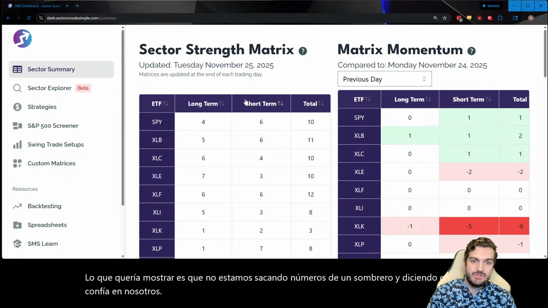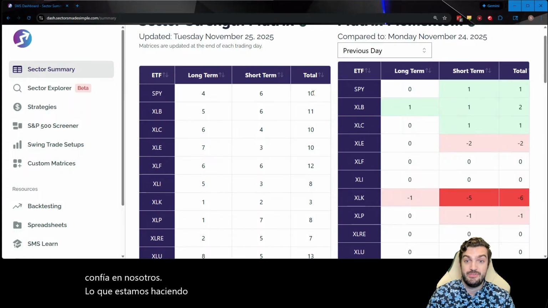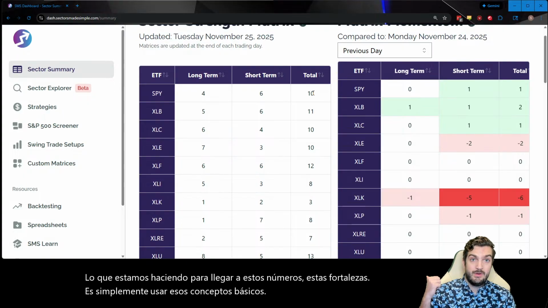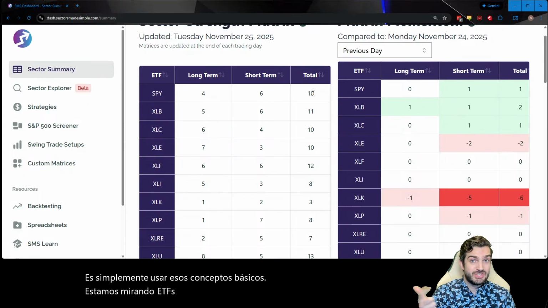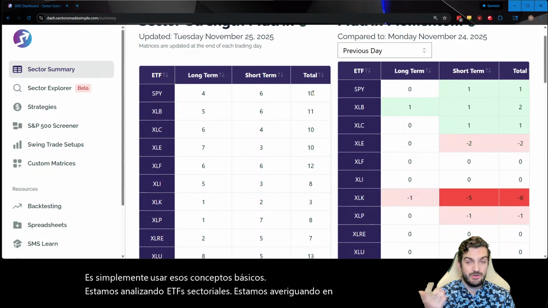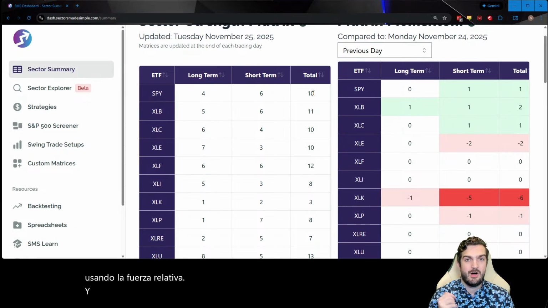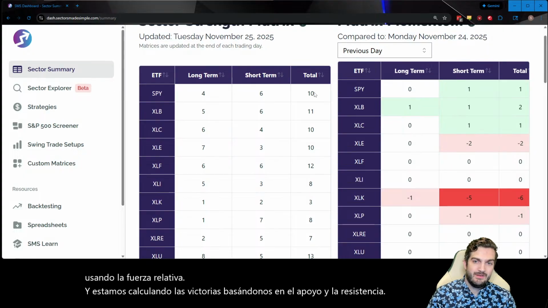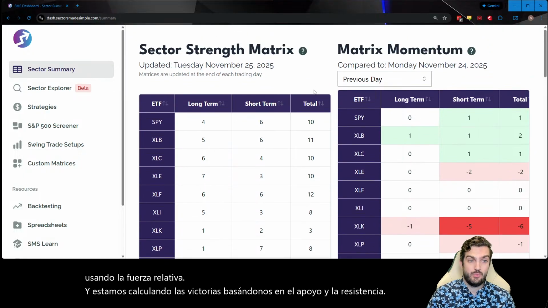What we are doing to come up with these numbers, these strengths, is just using those basic concepts. We are looking at sector ETFs. We are figuring out which sector is the strongest using relative strength, and we are figuring out wins based on support and resistance. That is how the matrix works.